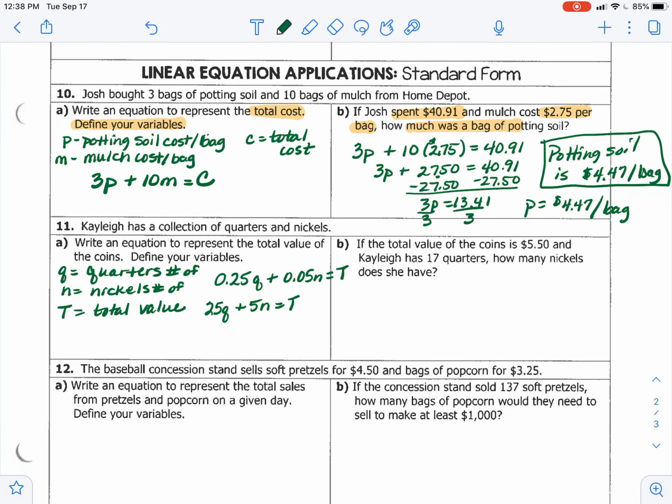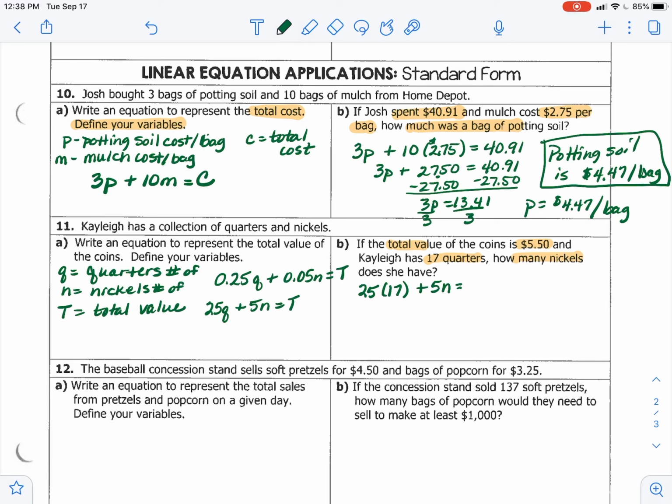Okay, so the next one says if the total value is 5.50, and she has 17 quarters, how many nickels? So I'm just going to read through my equation, and I'm going to use the bottom one because that's my preference. So 25 times the number of quarters, do I know that? Yes, I do. It's 17 plus 5 times the number of nickels. Do I know that? No, that's what I'm looking for.